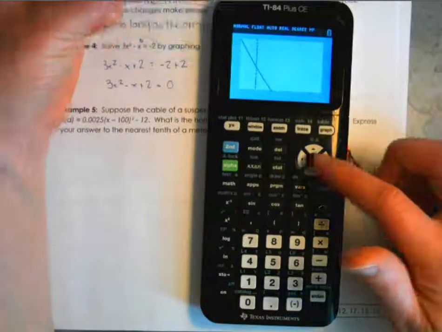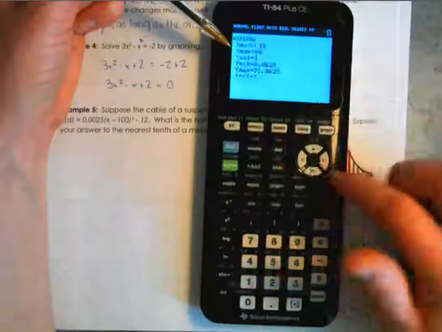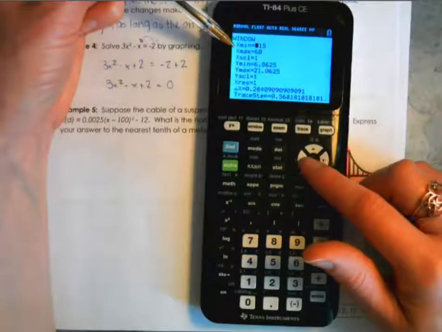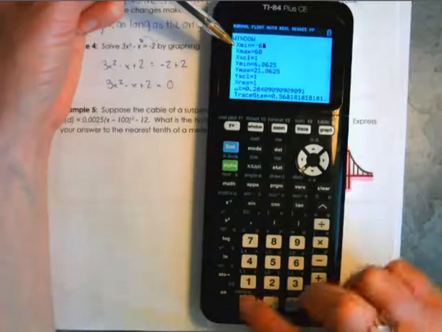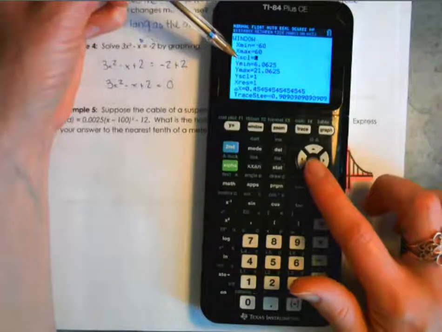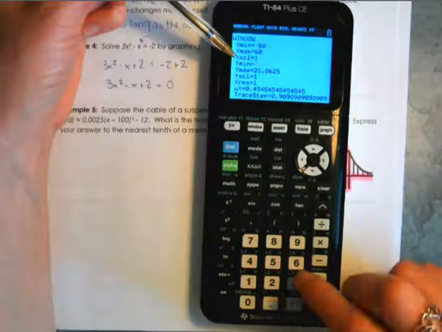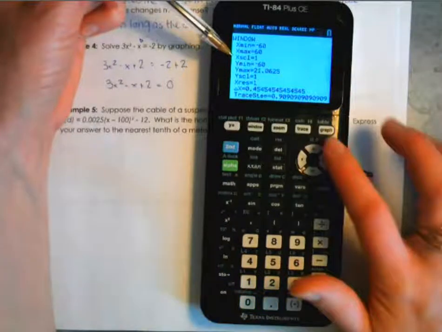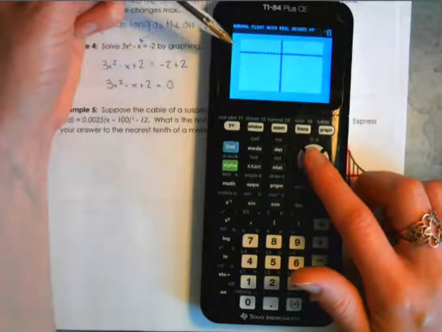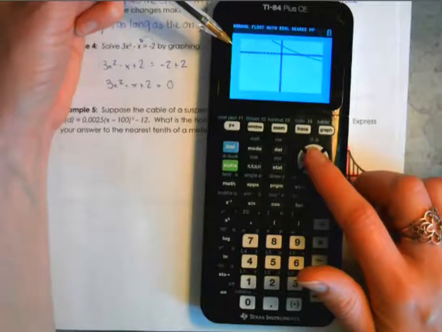I'm not sure where that's supposed to be coming up on the other side. Let's have a look here. X minimum minus 60. Let's do our Y minimum, because it looks like it's dropping down a lot. Minus 60. Let's see how that looks. Still not great.